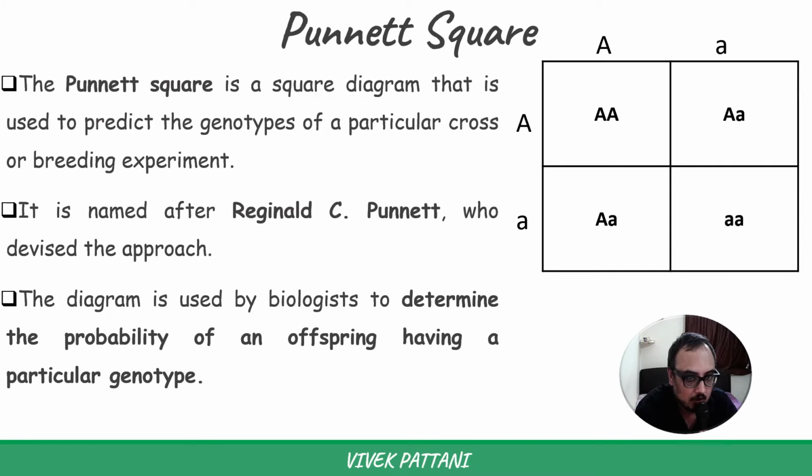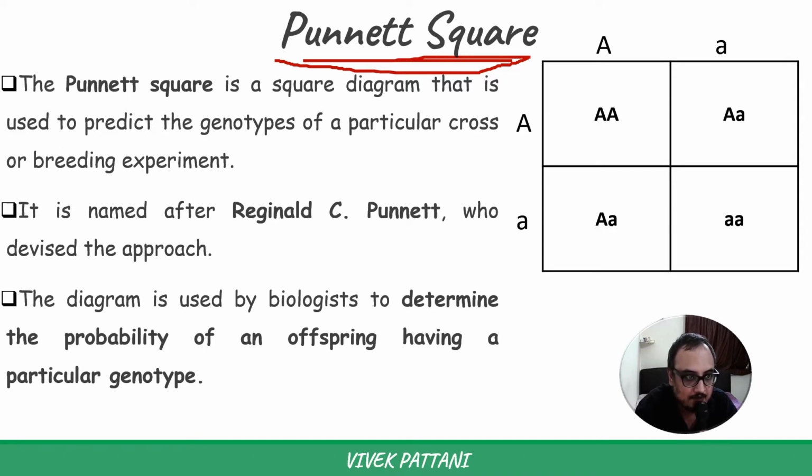Before moving forward with Mendelian genetics, let me explain the Punnett square. What is a Punnett square? A Punnett square is a square diagram used to predict the genotypes of a particular cross or breeding experiment.